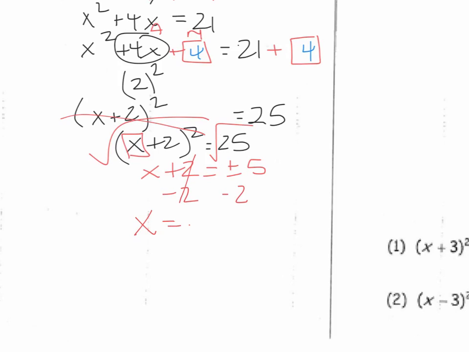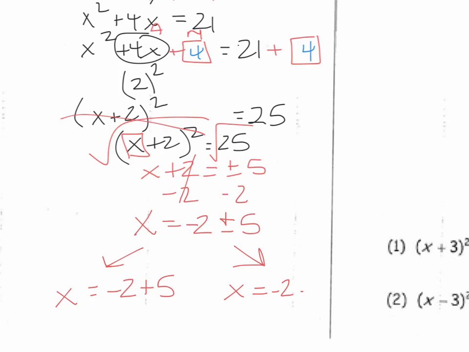X is equal to negative 2 plus or minus 5. Which really means we have 2 different cases. We have x equals negative 2 plus 5, x equals negative 2 minus 5. So x is equal to 3, and x is equal to negative 7.